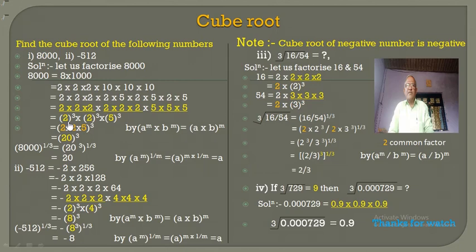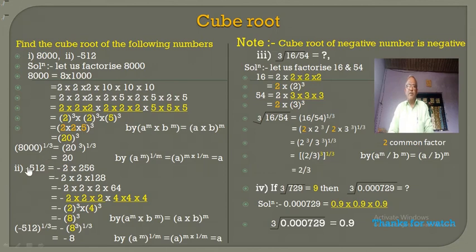Next step gets 2 raised to 3 into 2 raised to 3 into 5 raised to 3 is equal to (2 into 2 into 5) raised to 3, so 20 raised to 3. Taking cube root of both sides, we get 20 is the cube root of 8,000.